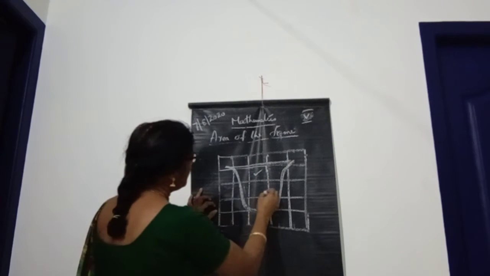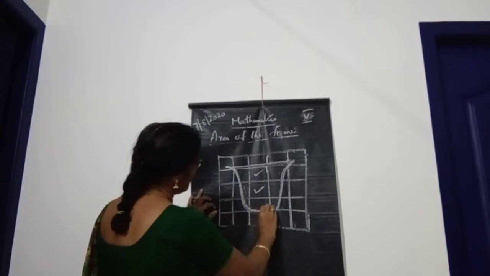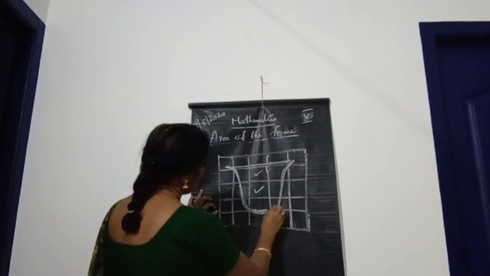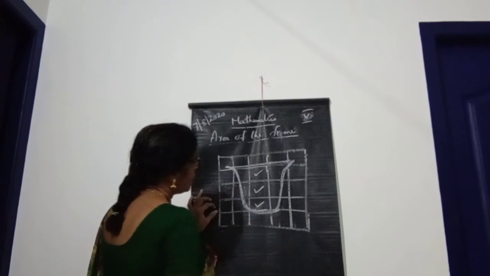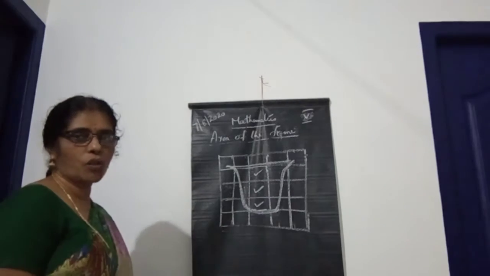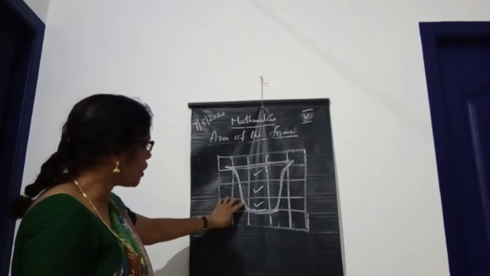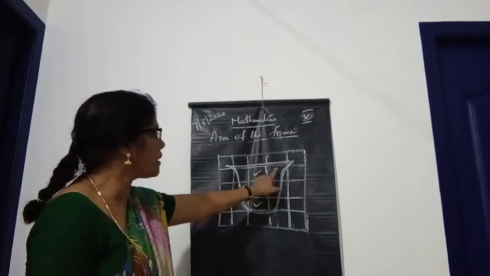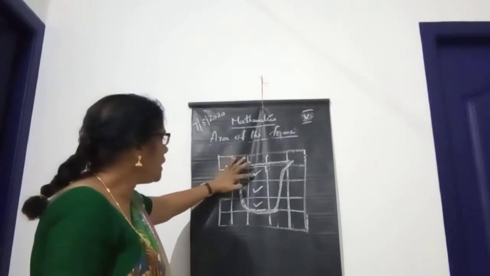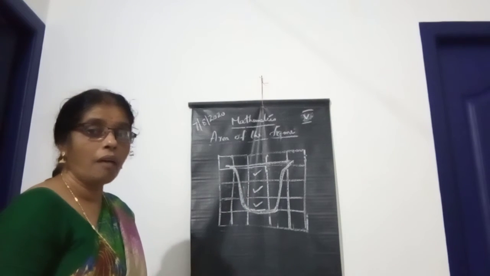Then another one is also a completed square, and this one also. So 3 completed squares. The others are not completed.